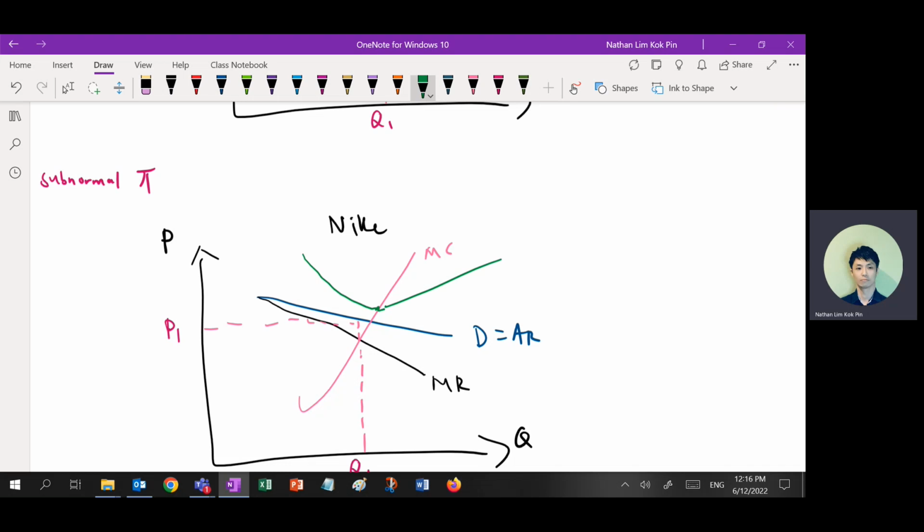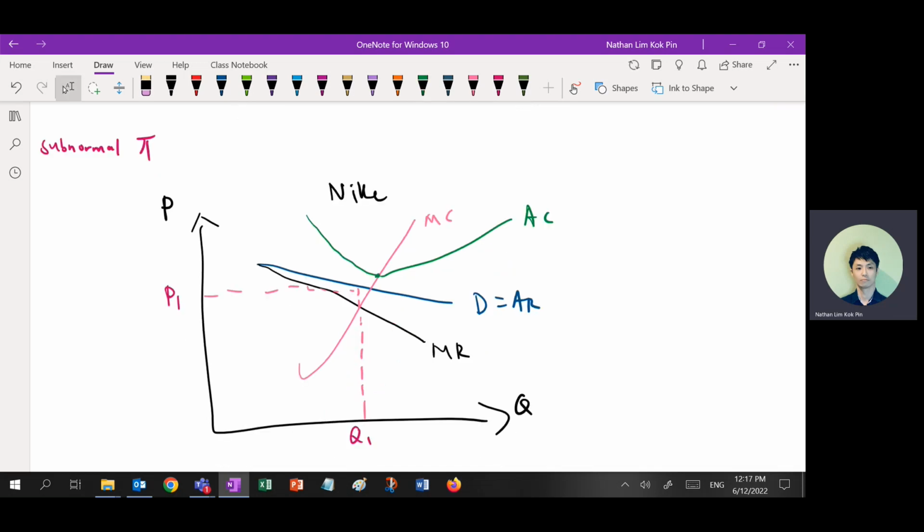It must be a minimum point. Touch MC already, oops. The minimum point is straight away on the curve there, the intersection between MC and AC. Okay, write down: touch MC curve, go up.